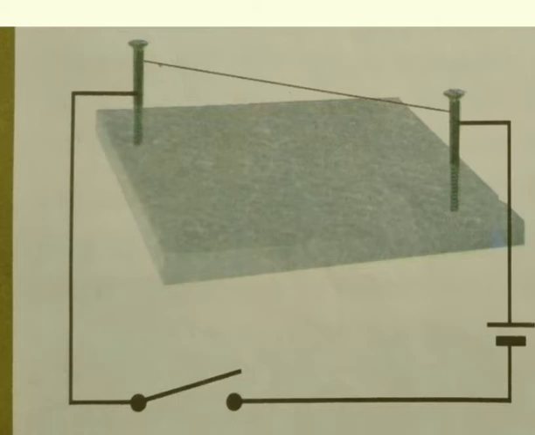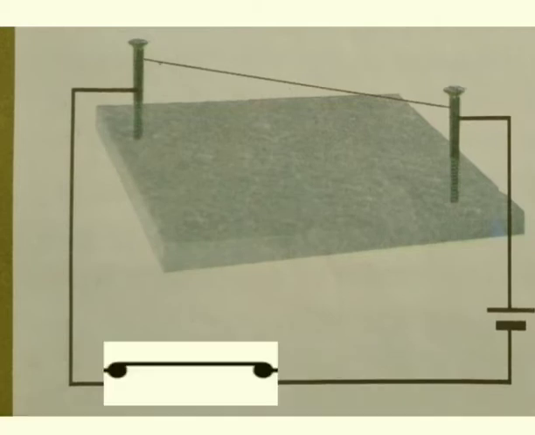Now switch on the current in the circuit by moving the switch to the on position. After a few seconds, touch the wire. When you touch it, the wire is hot, because an electric current is passing through it. This is the heating effect of the electric current.